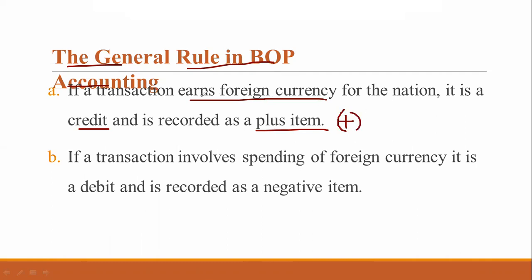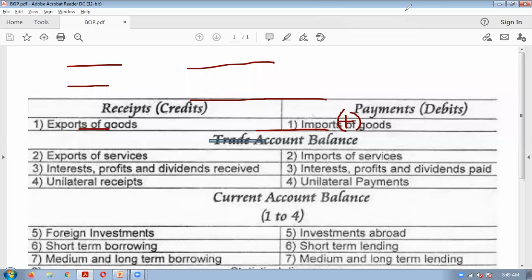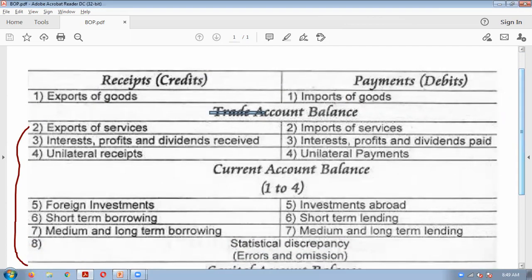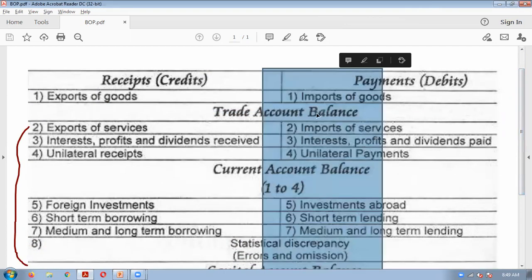If any transaction is earning foreign currency, it will be recorded on the credit side. So if you see the credit side of balance of payment, all these will be those transactions in which there will be inflow into the country. If you look at all the transactions, they will bring foreign currency to India.